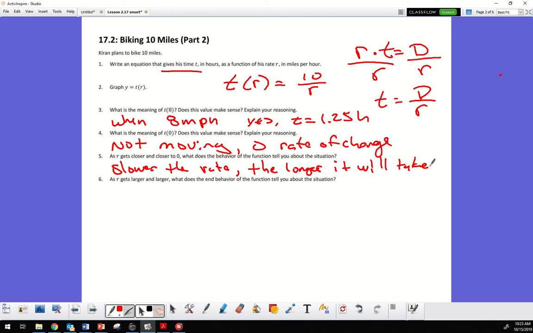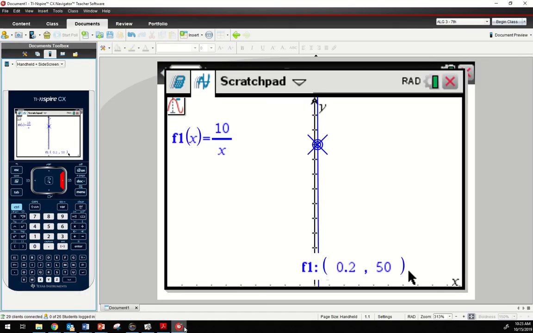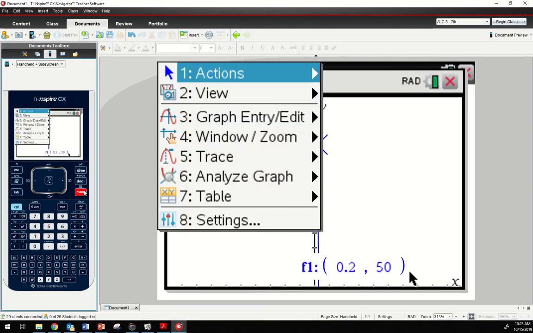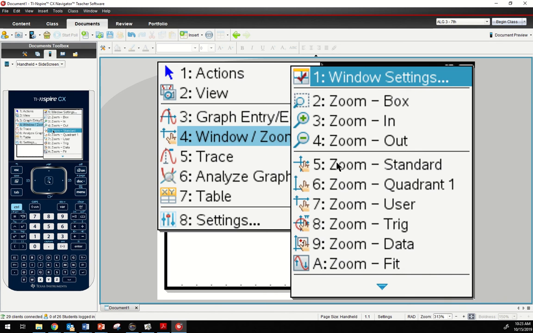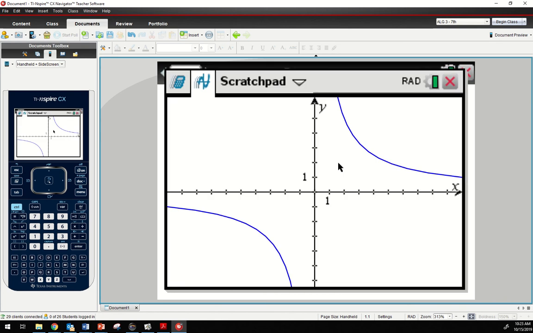What did we replace r with in my function? What do I replace r in my function with? With x, right? So now, on my graph, where are the big x values?